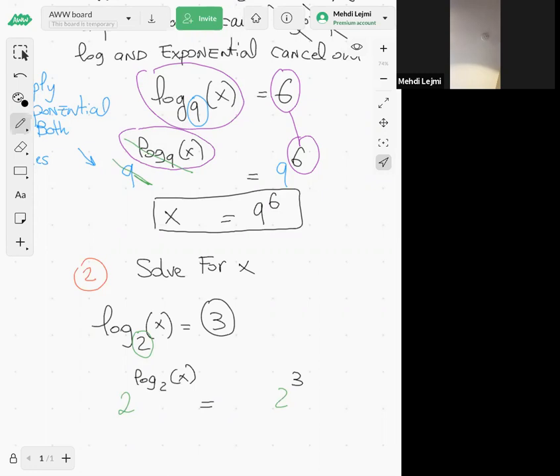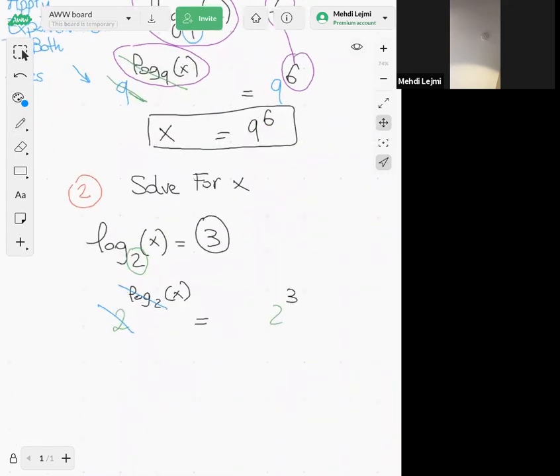This 2 represents the exponential in base 2, and this log represents the log in base 2, so they cancel out. Then you get your x. So your x would be equal to 2 to the power 3, which is of course 8.